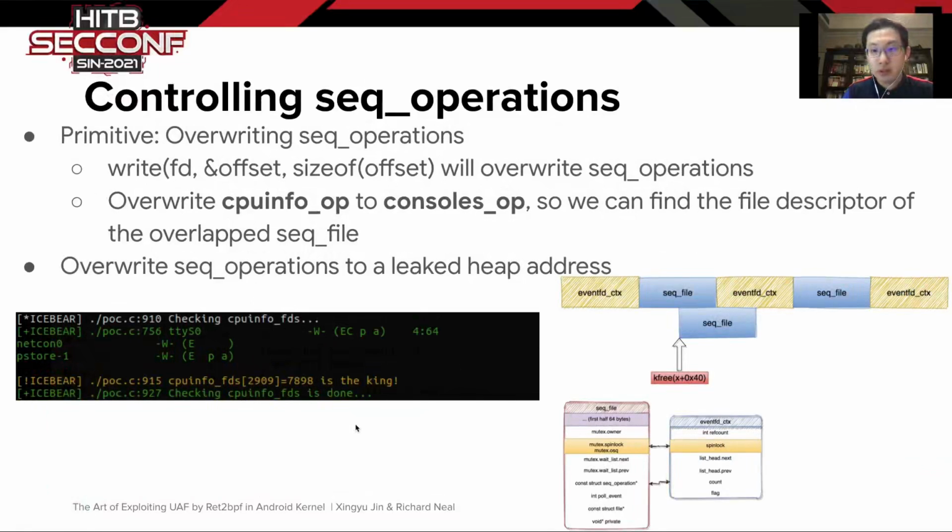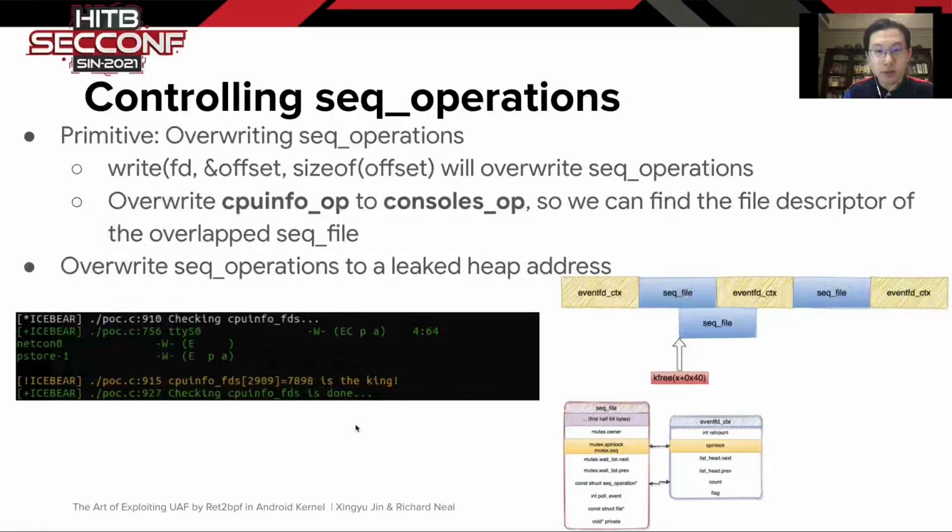So let's take a look at eventfd again. Not only can eventfd leak kernel information to us, but we can also write data to it. In this case, we can control the count of the eventfd, which is now equivalent to overriding the seq_operations, because these two structures overlap each other.